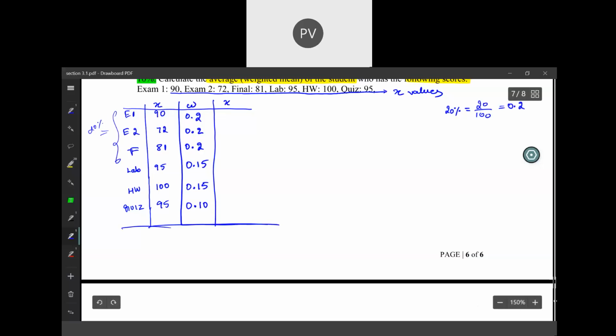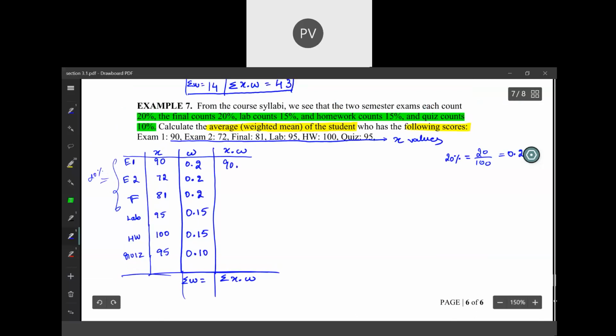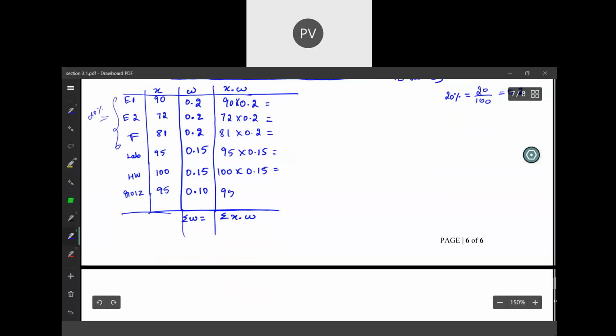Now we need to compute x dot W, and we need to know the summation W and summation x dot W. So 90 multiplied by 0.2, 72 multiplied by 0.2, 81 multiplied by 0.2, 95 multiplied by 0.15, 100 multiplied by 0.15, 95 multiplied by 0.10.